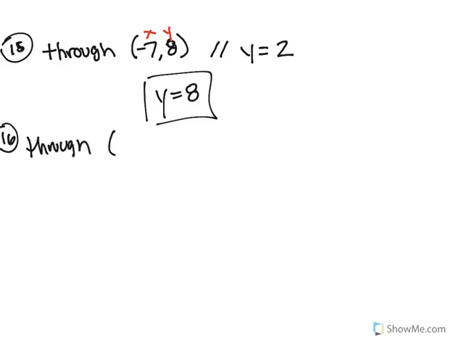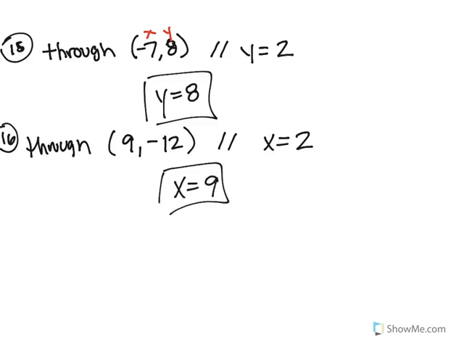Write the equation of a line that's going through the point 9, -12, and it's parallel to x equals 2. X equals 9. Y'all be acting like y'all scared.